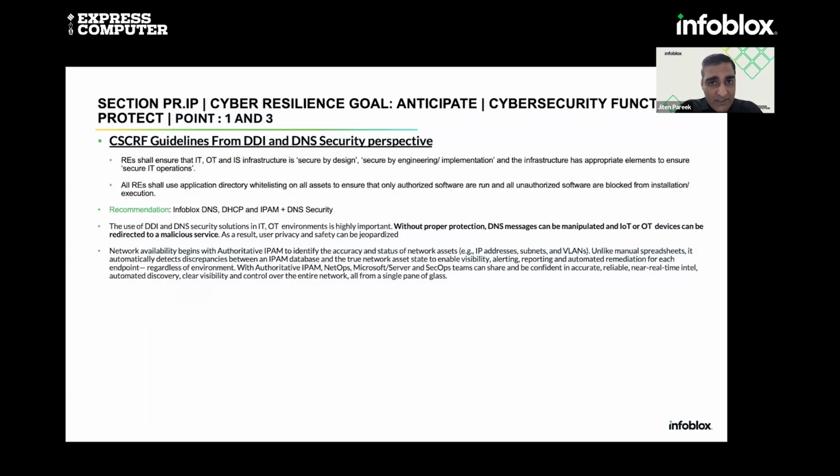Another section within the same anticipate and protect goal is they mention in PRIP that you should ensure IT and OT infrastructure is secure by design.